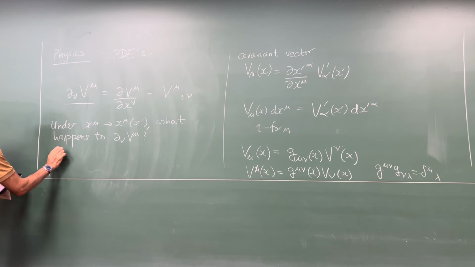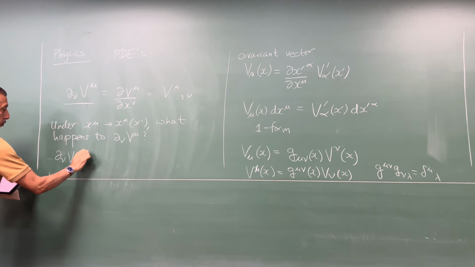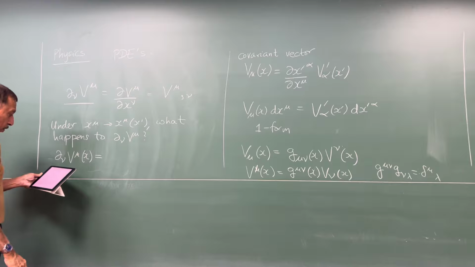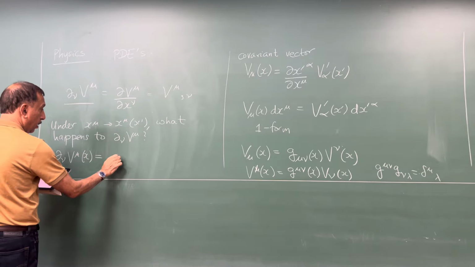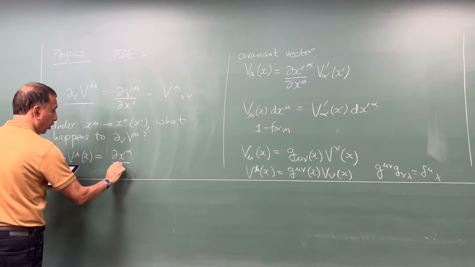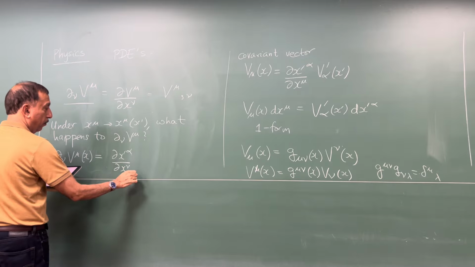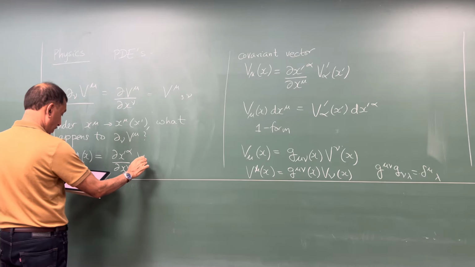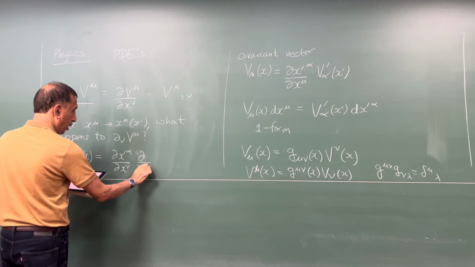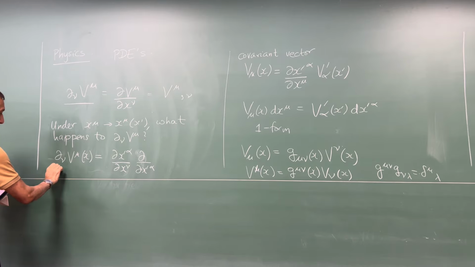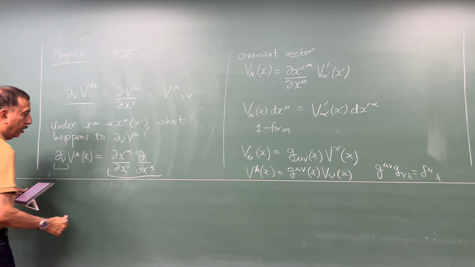So we write del nu of V mu of x. Now first we use the chain rule for this. So this is del x prime alpha del x nu, del by del x prime alpha. That's just this much by chain rule.